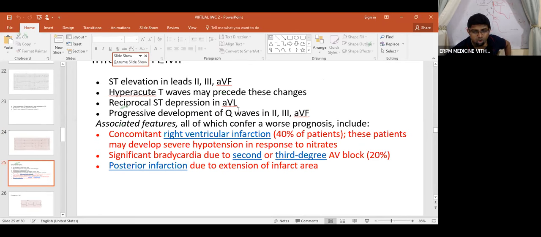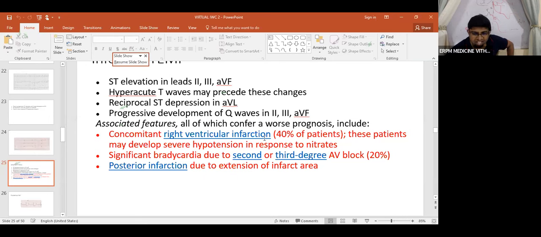ST elevation in lead 2, 3, AVF. Clear? Before the ST elevation, they can have hyperacute T waves. We have discussed the mechanism, and there can be reciprocal ST depression in AVF. There is progressive development of Q waves.